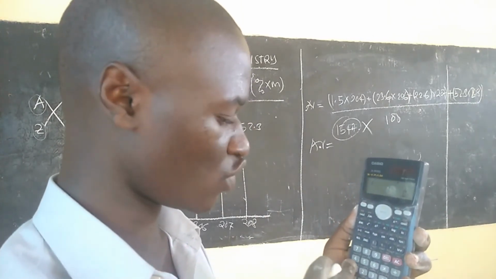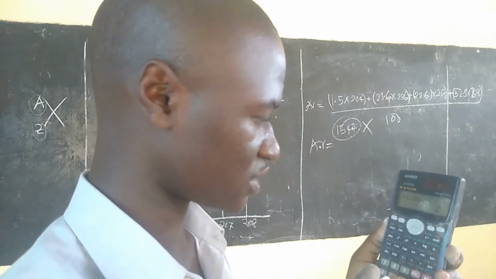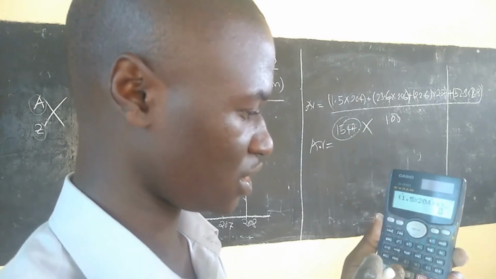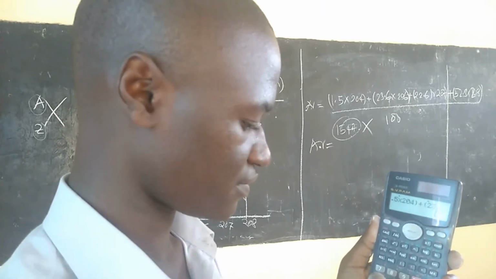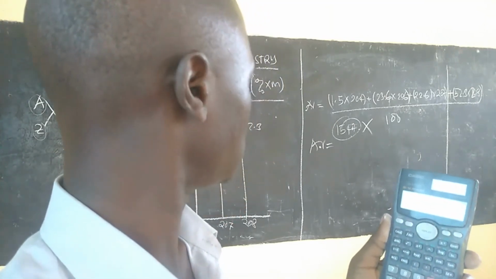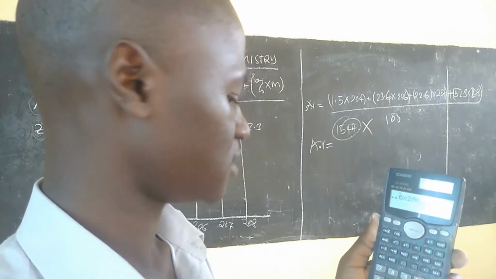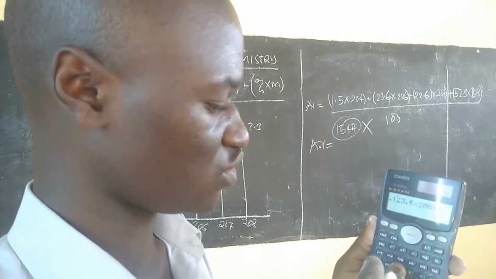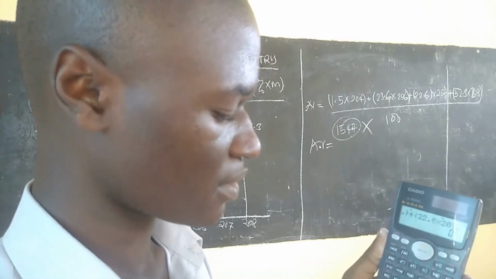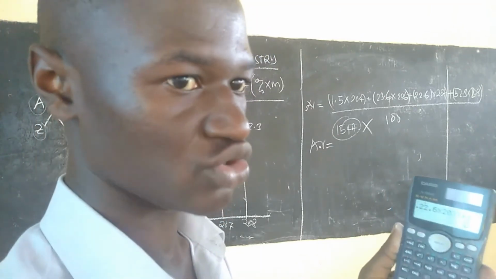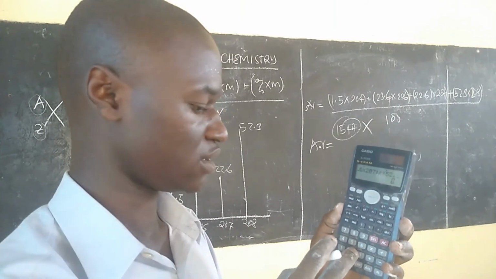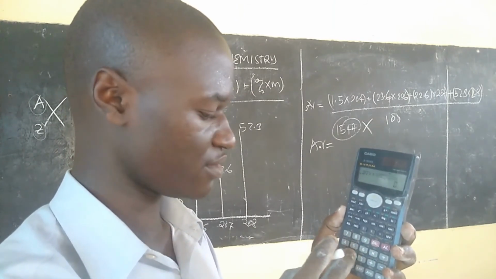So we are starting with 1.5 times 204. So plus 23.6 times 206, plus taenda 22.6 times 207, plus ya mwisho ngapi itakuwa ni 52.3 times 208.